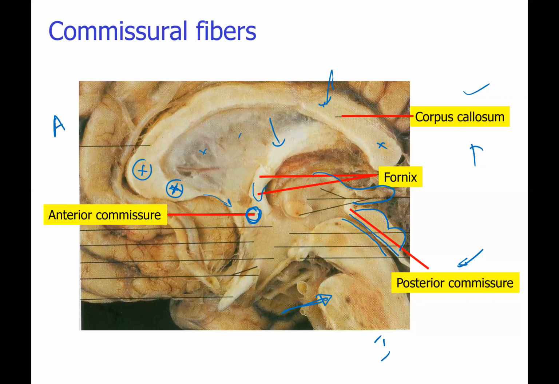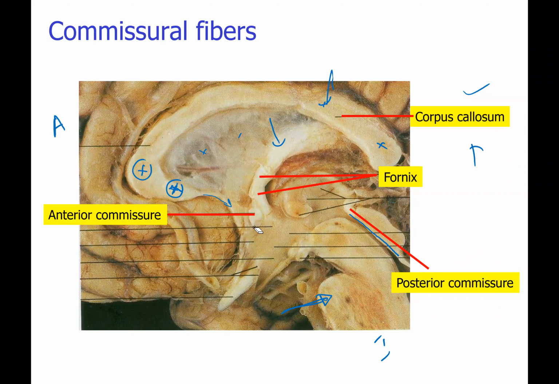Now you can identify this area between the pineal gland of the diencephalon and the superior colliculus of the midbrain. Between the two, you get the posterior commissure. Now I'll delete the label so that you can see it clearly. So that is the posterior commissure.